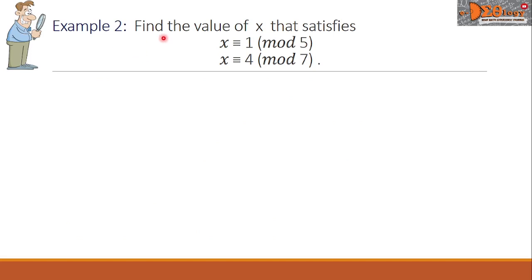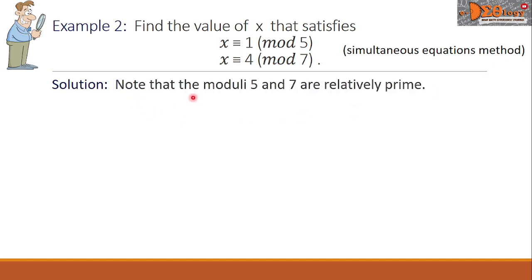Example 2. Find the value of x that satisfies x is congruent to 1 mod 5 and x is congruent to 4 mod 7. This time, we're going to use simultaneous equations method. First, we're going to note that the moduli 5 and 7 are relatively prime.